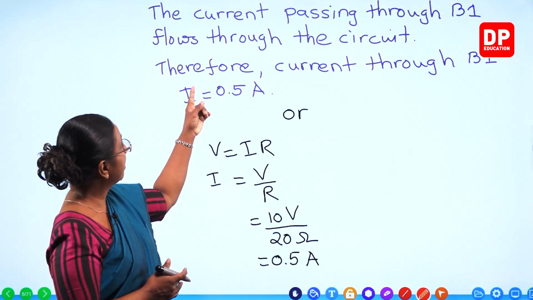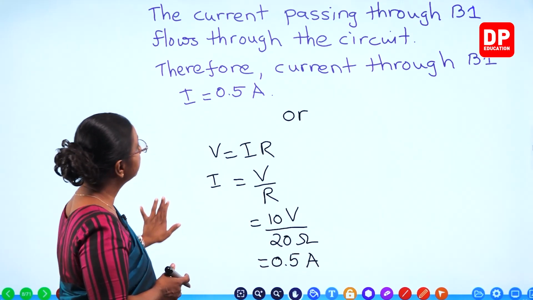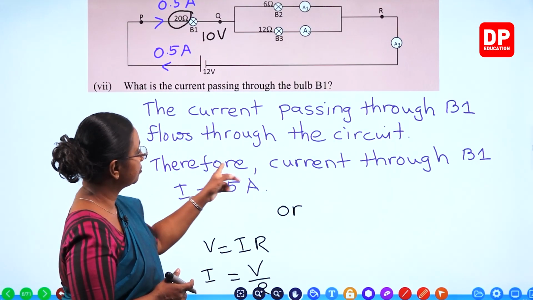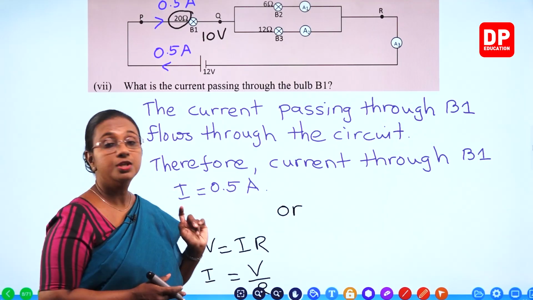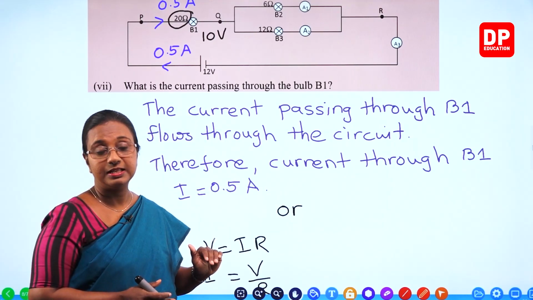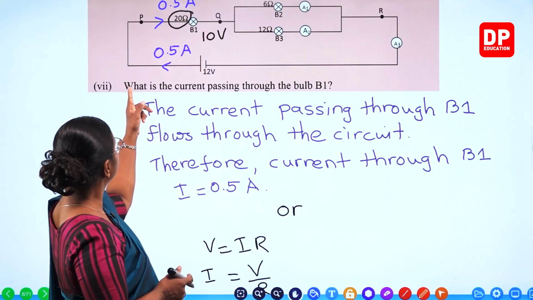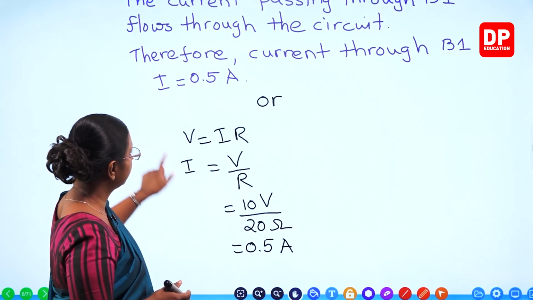methods. So if you have already found the current flowing through the circuit, we use this first method. So you can say the current passing through B1 flows through the circuit. So therefore, current through B1 is equal to 0.5 amperes. If we have not calculated that, but if we have calculated the potential difference between points P and Q, then you can use this method.